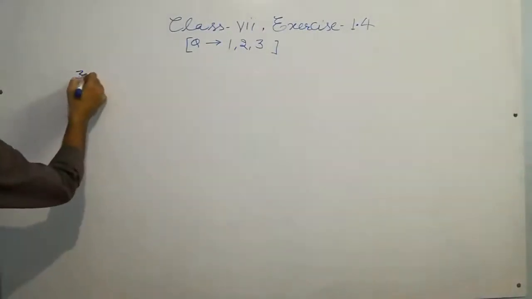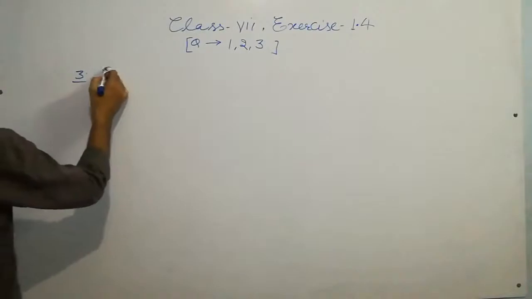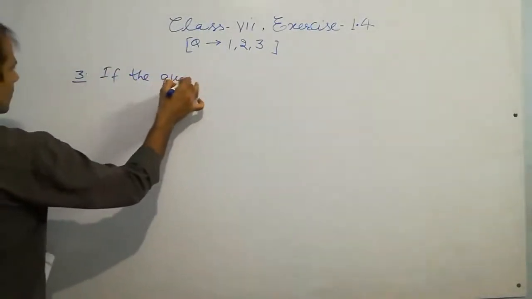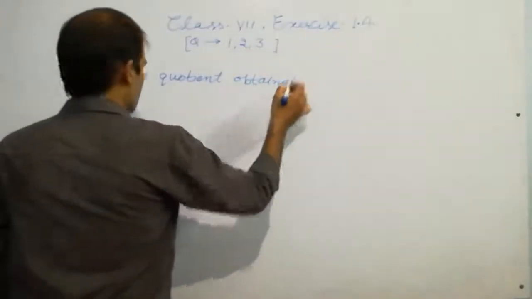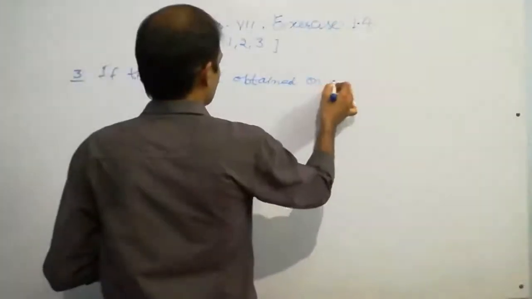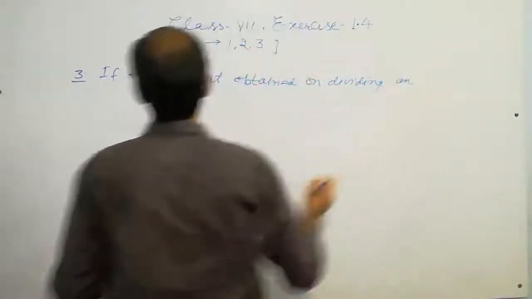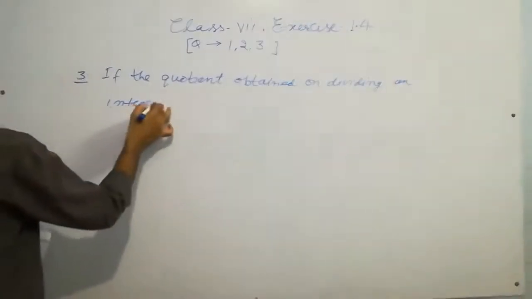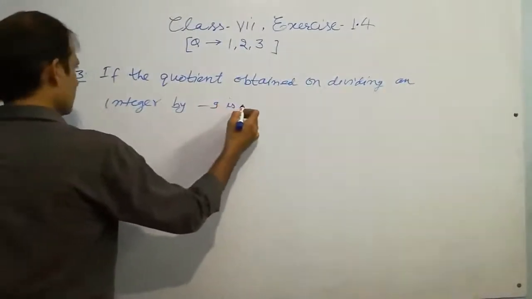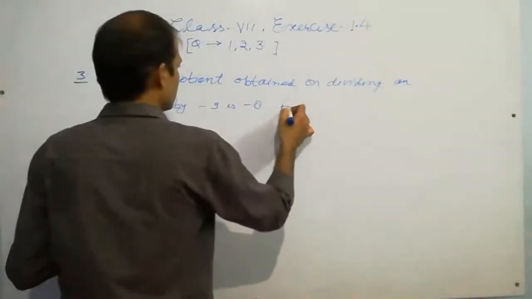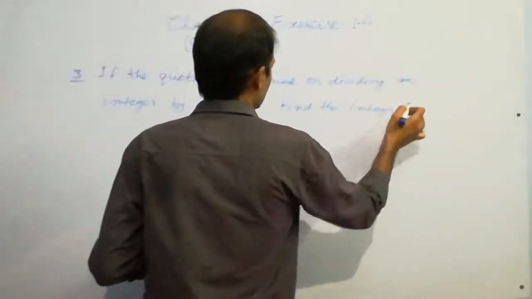Last question. If the quotient obtained on dividing an integer by minus 9 is minus 8, find the integer.